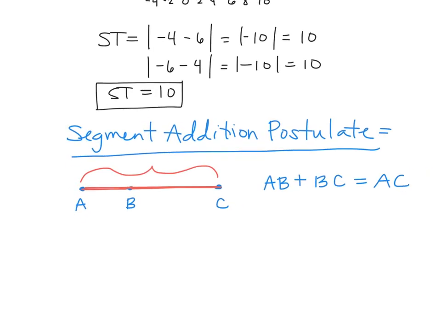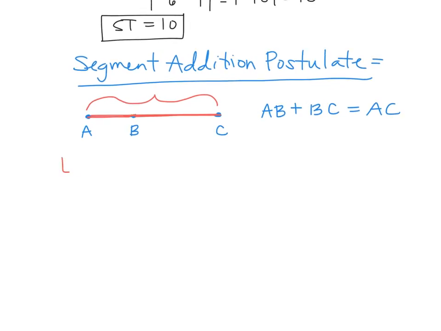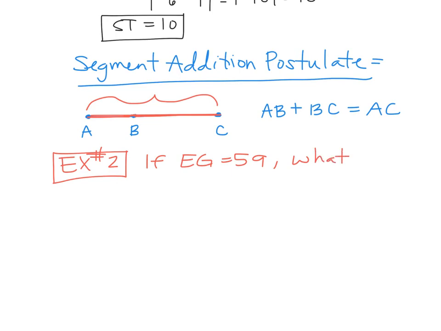So let me give you an example of how you would use the segment addition postulate, and then I think it'll make a lot of sense if it's not making sense yet. Here's what it says. If EG is 59, what are EF and FG? And here's your picture.